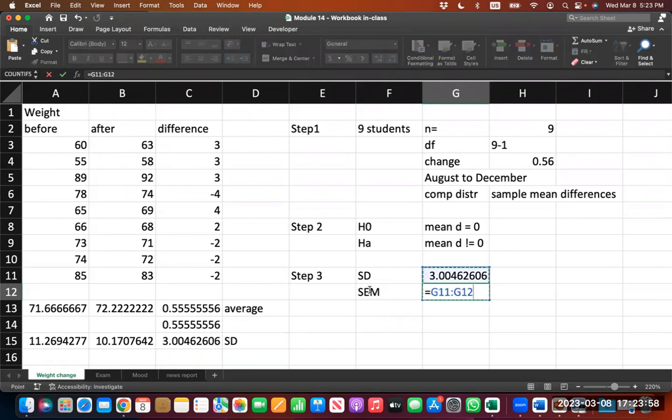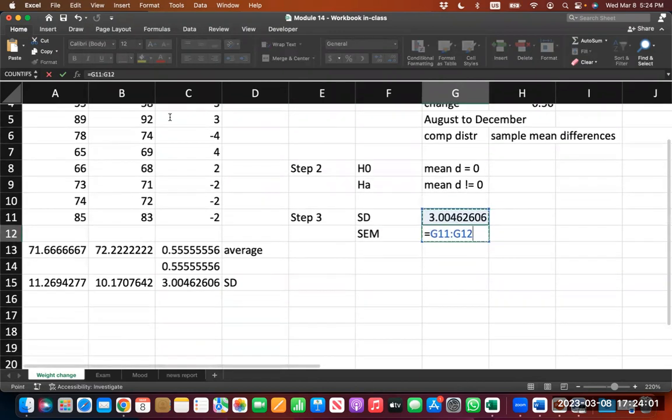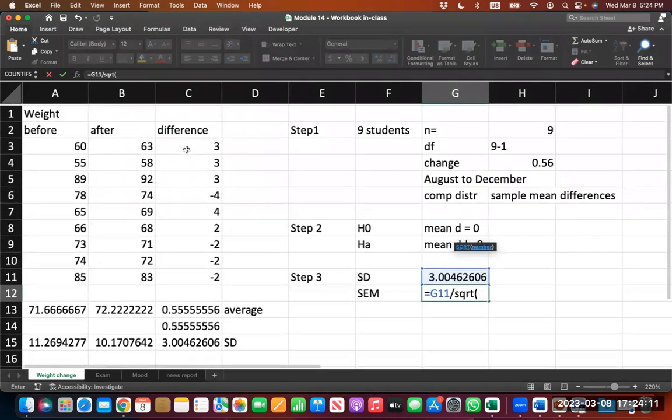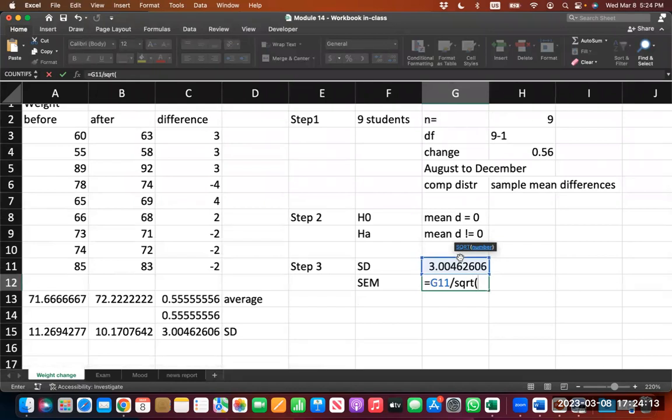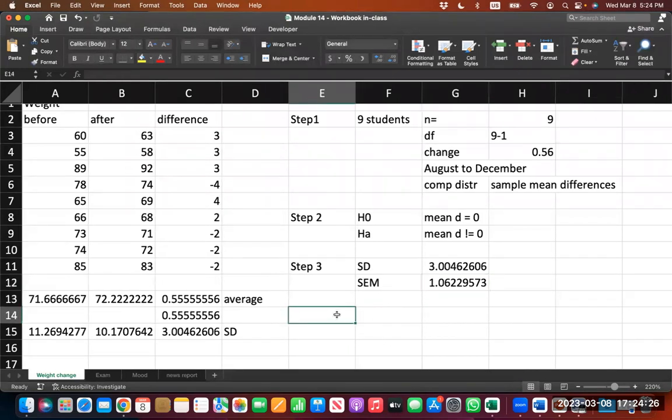That's basically the standard deviation 3.11 divided by the square root of our degrees of freedom, and that's 8. And our standard error of the mean is now 1.06. So now we know already that it's simple from now on, right?